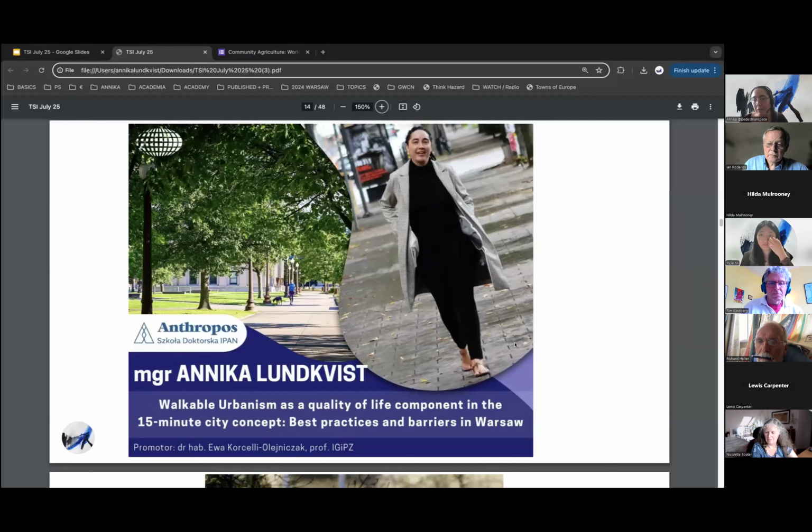And just briefly, my dissertation topic: walkable urbanism as a quality of life component in the 15-minute city concept. May be interesting for some of you who are in the UK, where it became a very controversial term.